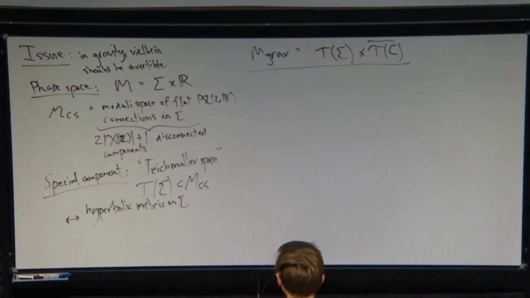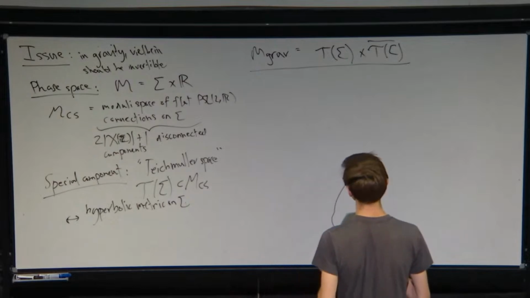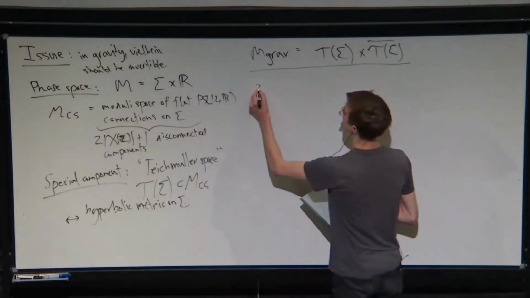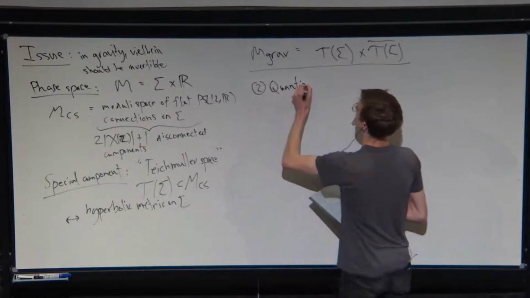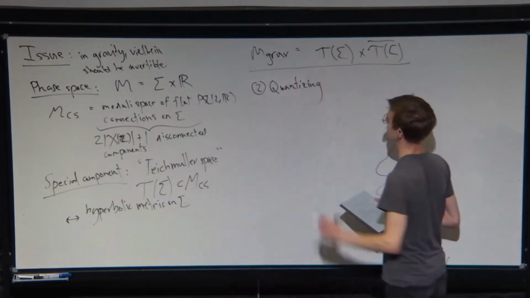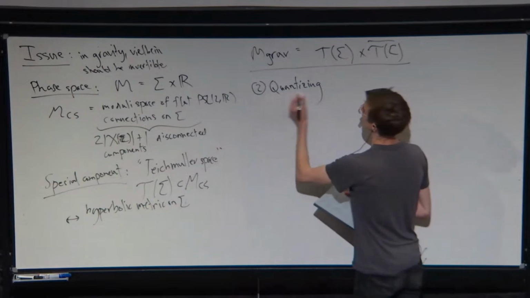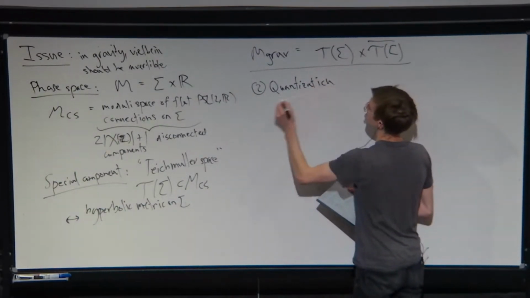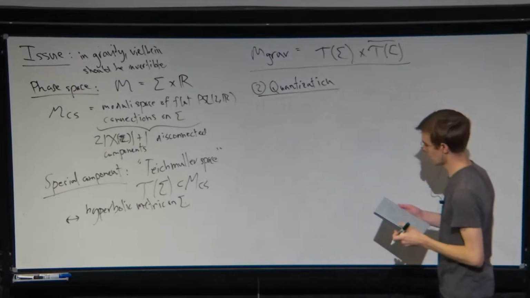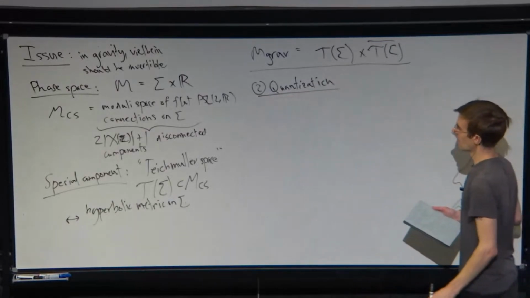So now that we know what the classical phase space is, let's discuss its quantization. And of course, given this statement, what that means is that we have to discuss the quantization of Teichmuller space.